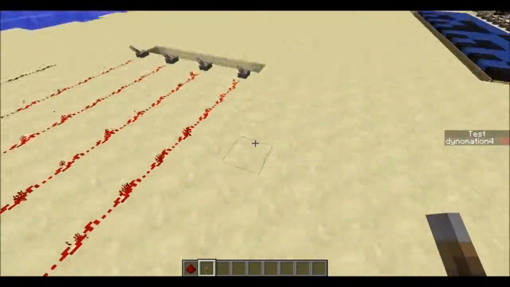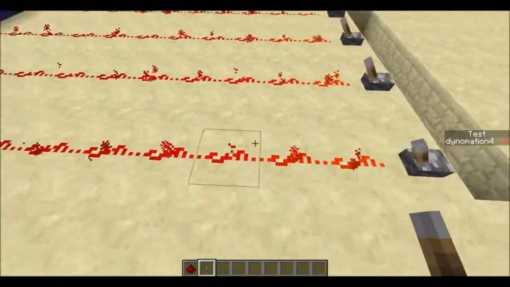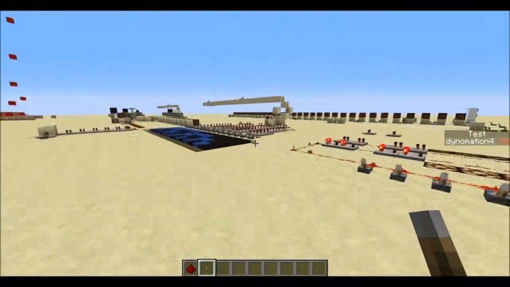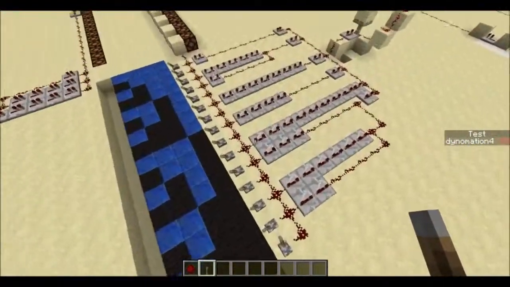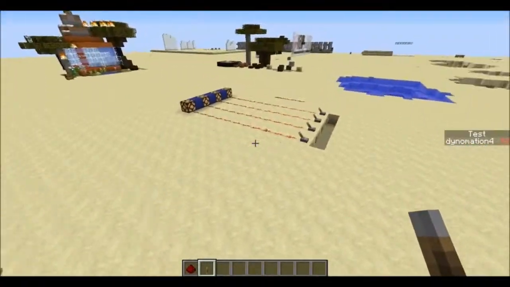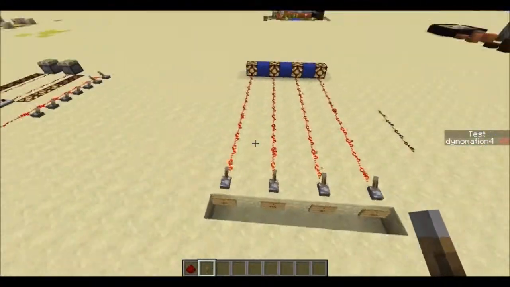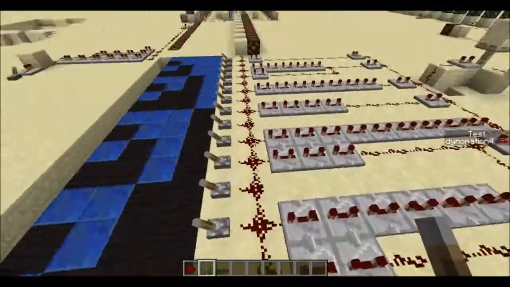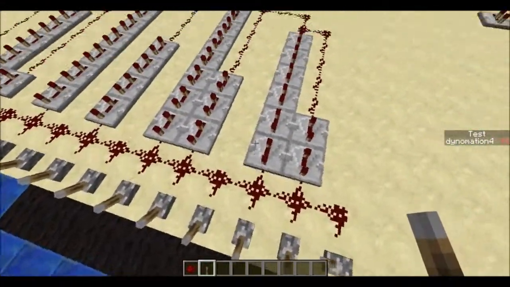When you first send it out, this says 15, this says 14, this is 13, 12, 11, all the way down to 1, and 0 would be off. So I have another setup right here, and notice it was 0 through 15, which we just did earlier, and that's 4 bits. So you can send 4 bits of information down a single redstone wire.